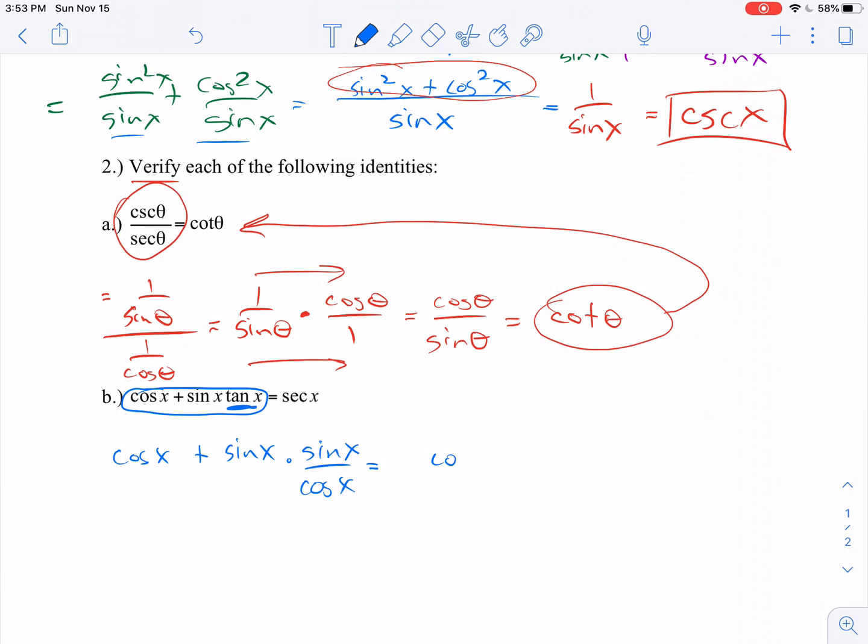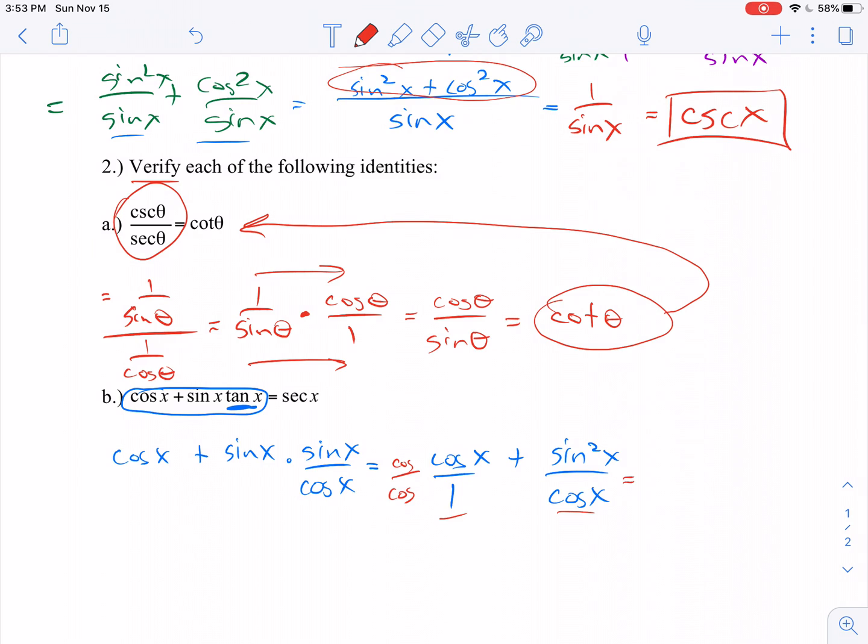So I have cosine of x plus sine squared of x all over cosine of x. So I'm going to put that cosine over 1, and to get the common denominator again, I take turns. I take this cosine, and I do it on the top and the bottom. And technically, I take that 1 and put it on the top and the bottom, but that's not going to do anything over there, so I don't need to do that.